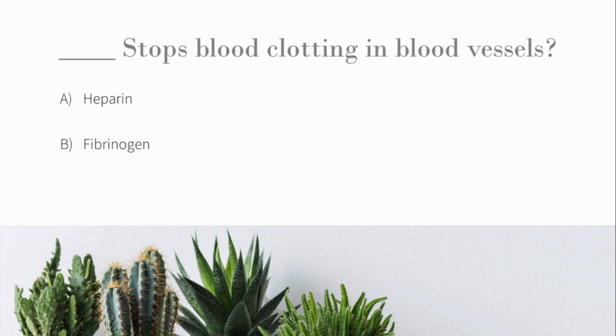So let's understand the options first before we conclude the answer. What is heparin? Heparin acts as an anticoagulant, which means it's a blood thinner. It prevents the clotting ability of the blood and helps prevent harmful clots from forming in the blood vessels.